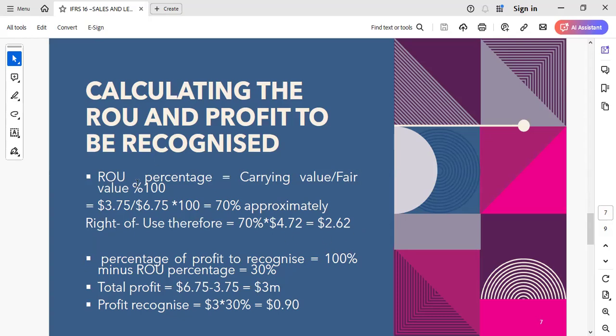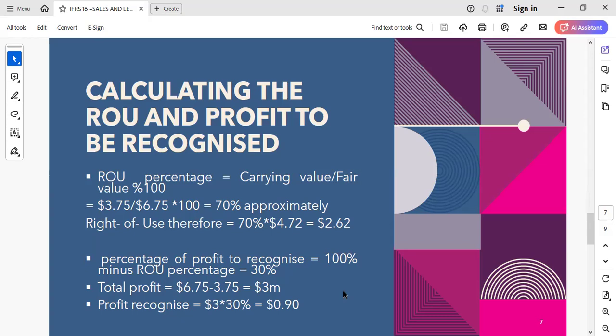If the right of use percentage is 70%, it means that this is the proportion of the asset retained by the seller lessee. Therefore, the proportion of the right transferred is the remaining percentage, which is 100% minus 70%. That gives us 30% to make 100%.